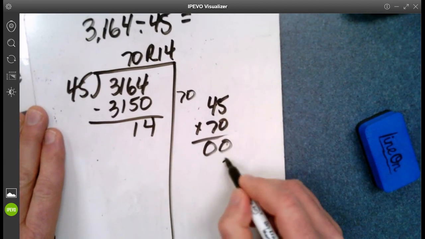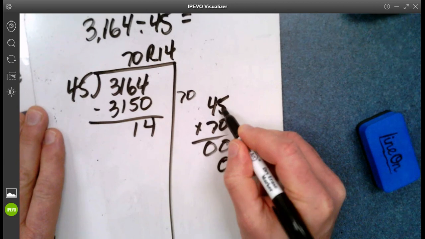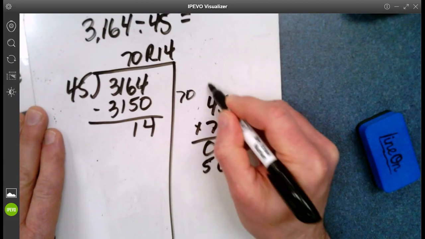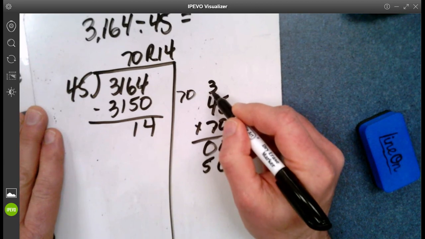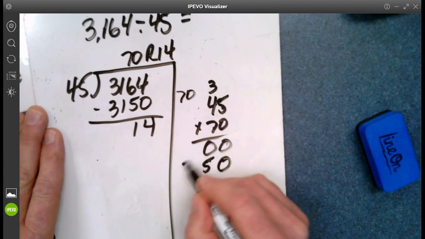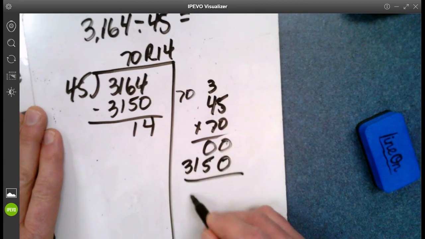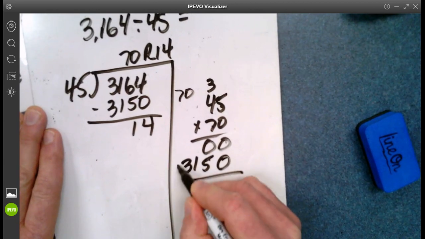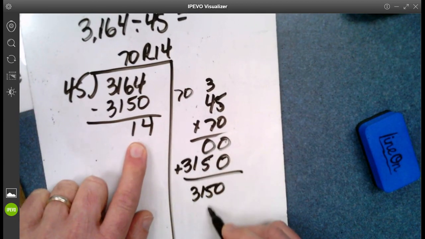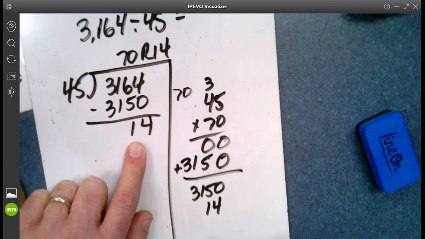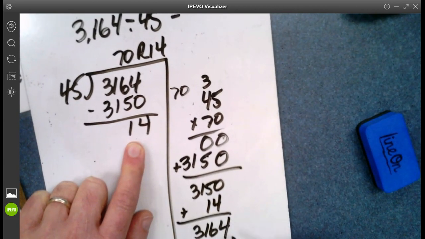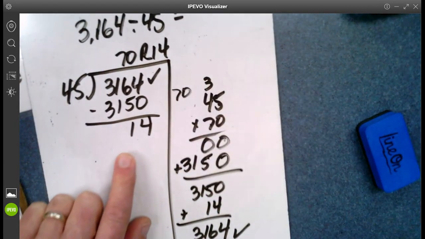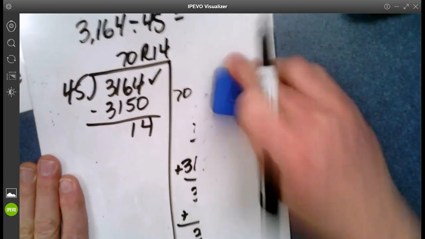This is not a 7, it's a 70. 7 times 5 is 35. 7 times 4 is 28. 28 plus 3 is 31. Look at that, 3150. And then I add my remainder, 14, and I get 3164, and it works.